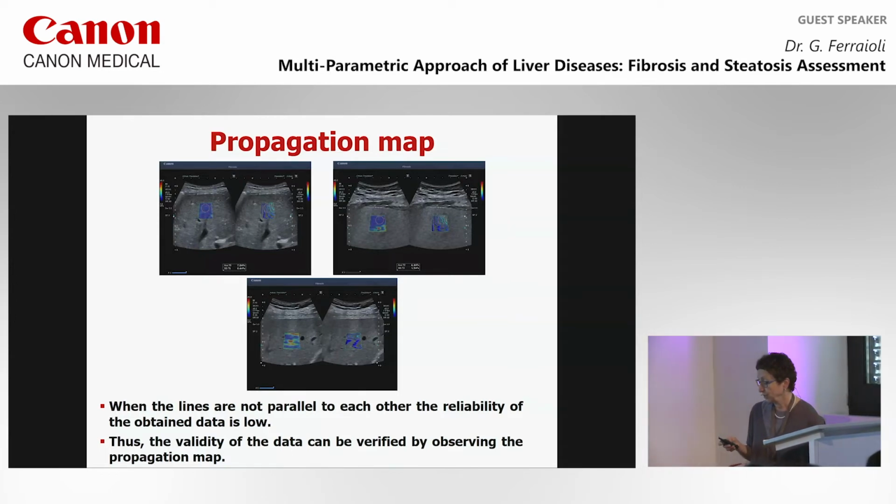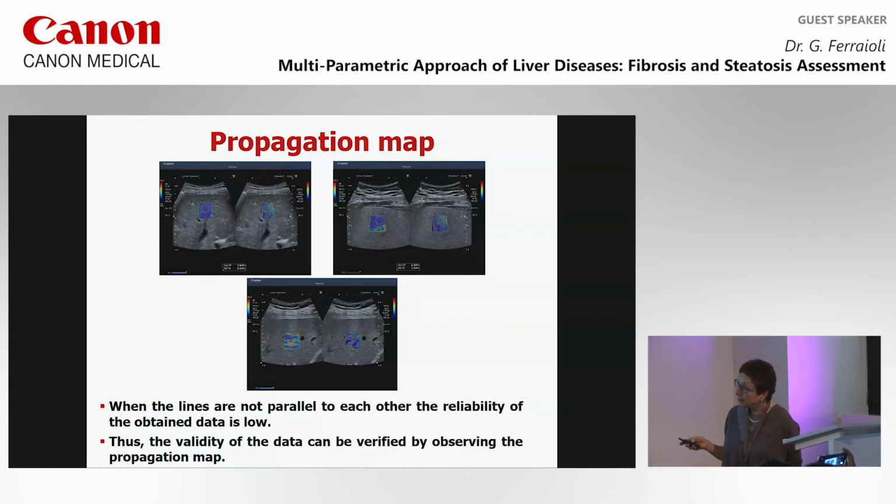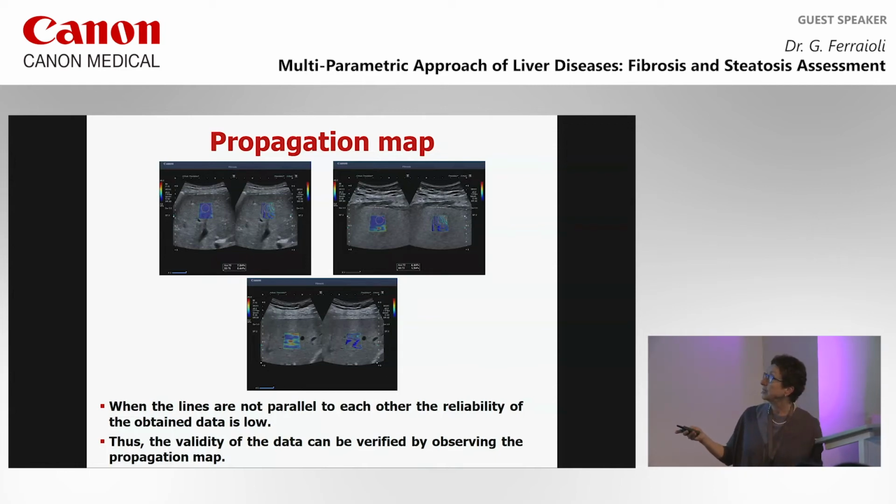So the suggestion is to not perform measurements if you obtain an image like this, even though here is filled with the color. And here you can see that looking at the propagation map, we can exclude completely this part of the sample box.